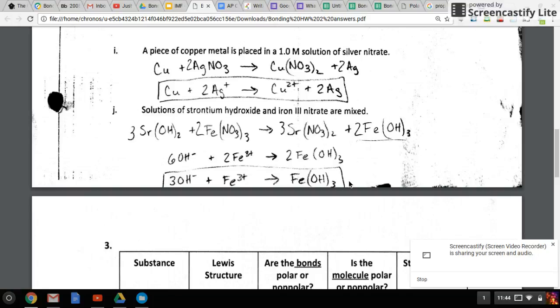Okay, question 2 on the homework asks about the intermolecular forces. So intermolecular forces affecting atoms from weakest to strongest. We would start with London dispersion forces, and that's also called an instantaneous dipole, because when we say that the electrons are being shared equally, it's not equal all the time.